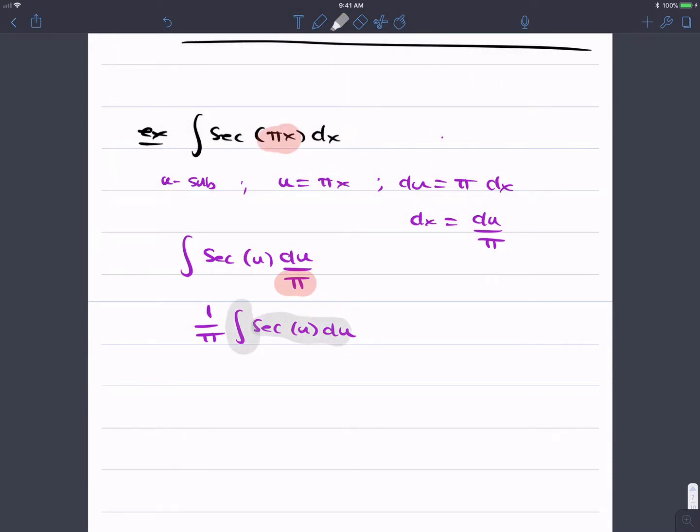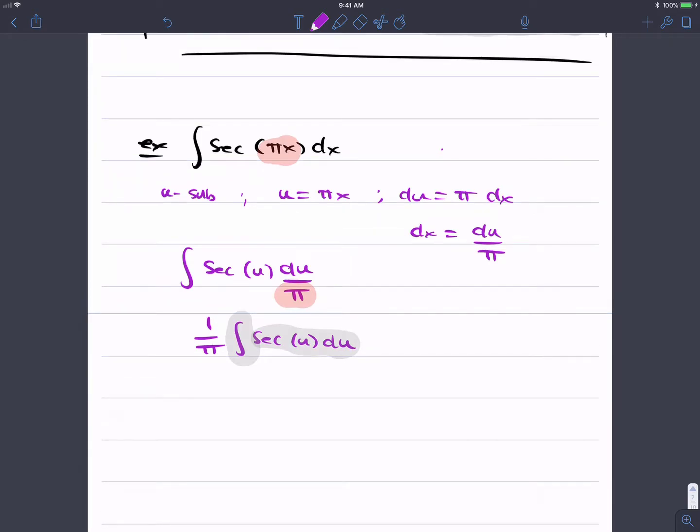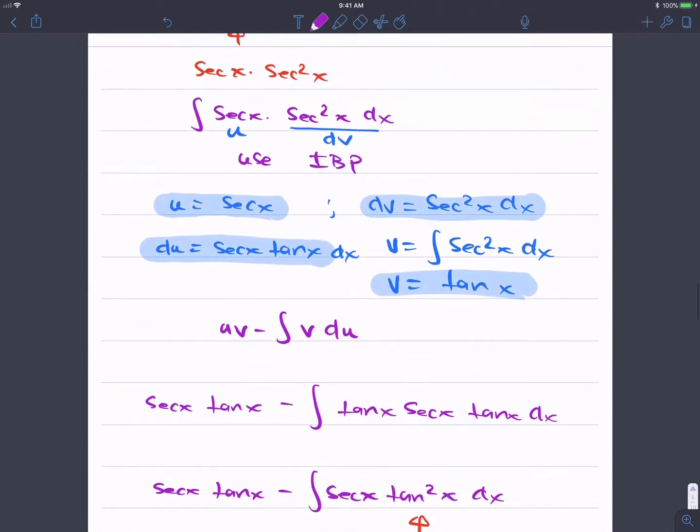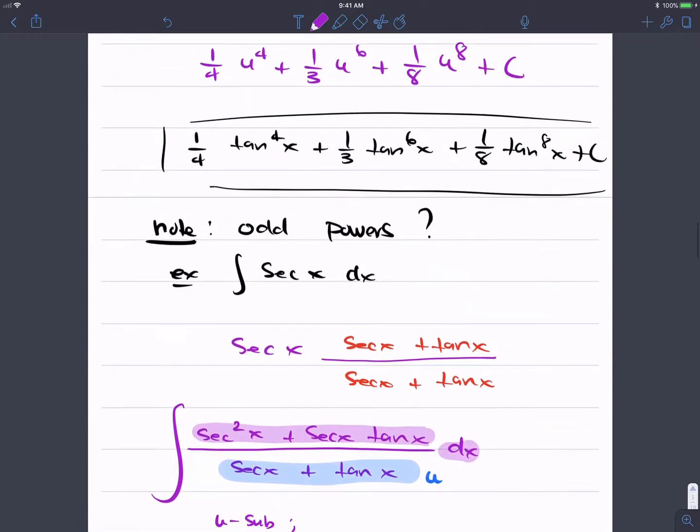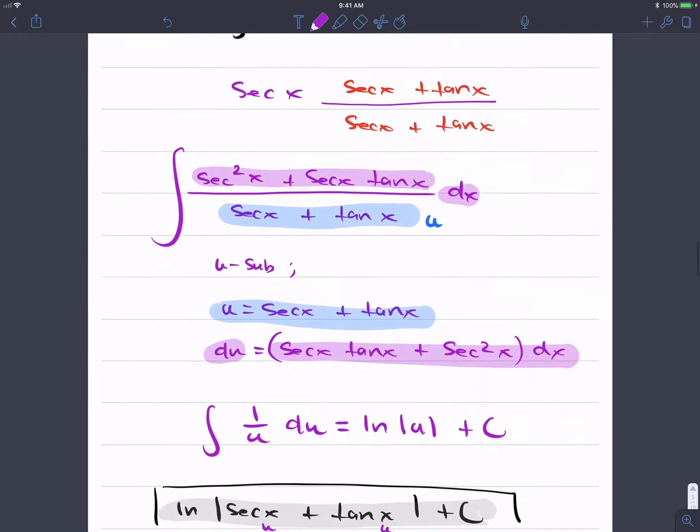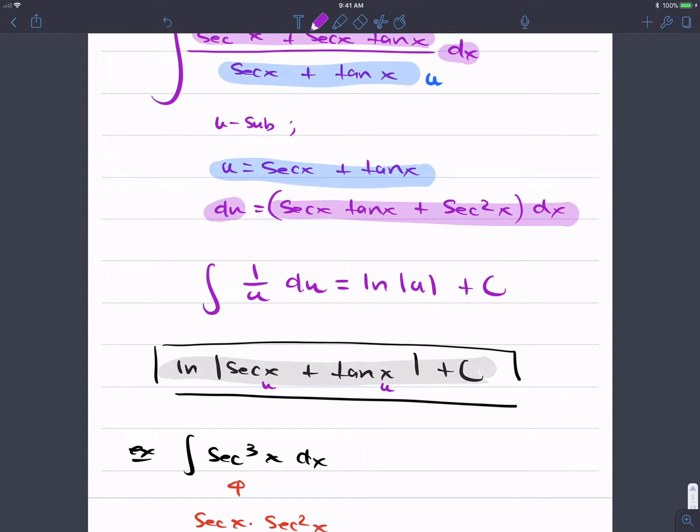Here, we're going to use a formula for secant. Now the formula for secant, if you remember, we already determined. That formula we found was one of the first odd power integration formulas we're going to use here. Here it is. Okay, so notice here, this is the integral of secant x, but we're going to change this x to u.